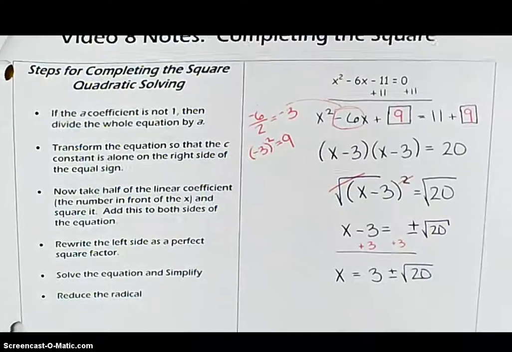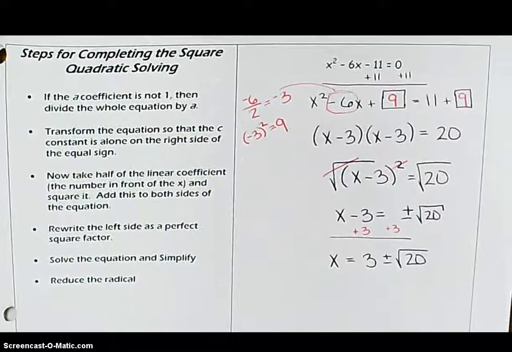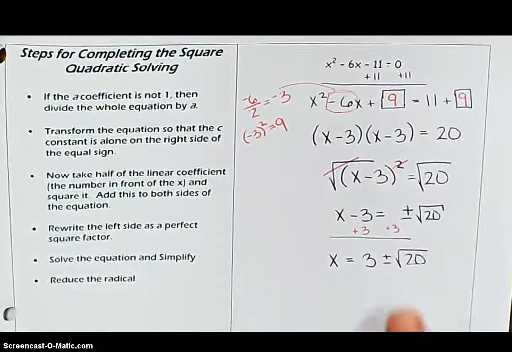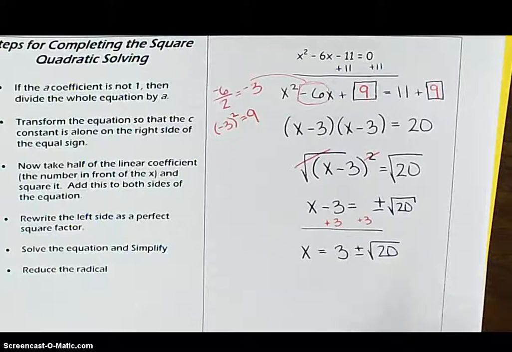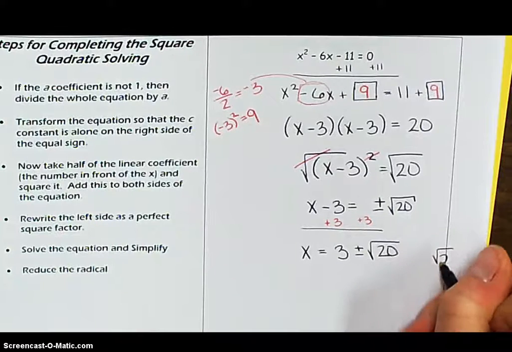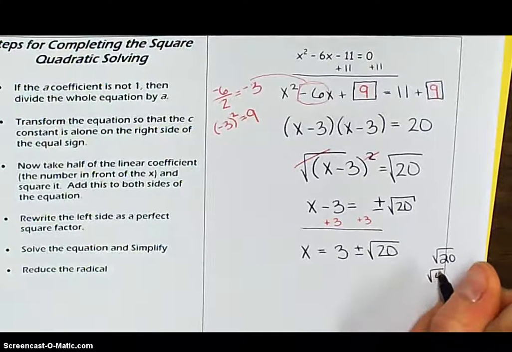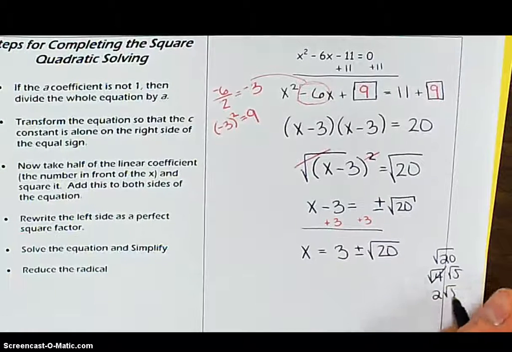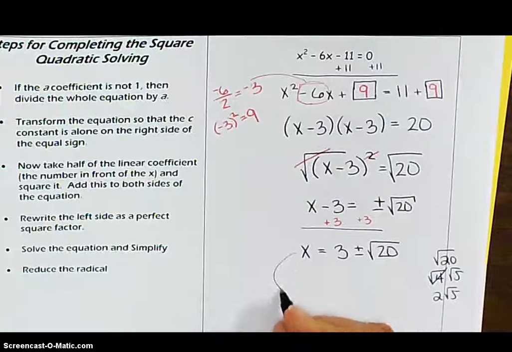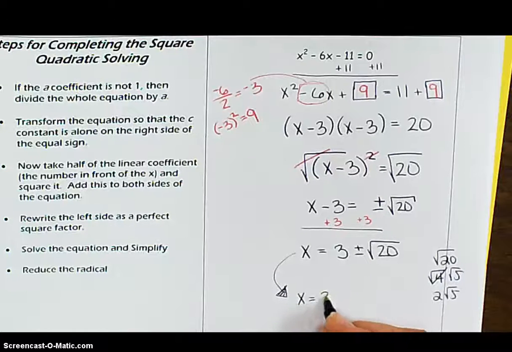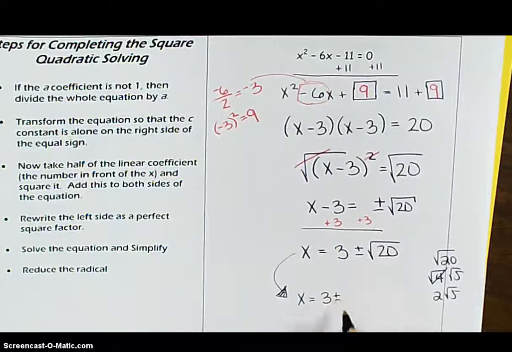Now we actually can take this one step further. We could actually reduce this radical. So remember our radical unit? Radical 20, we know that that can be reduced to radical 4 times radical 5, and the square root of 4 is 2, so 2 radical 5. So we could also rewrite this as x equals 3 plus or minus 2 radical 5.